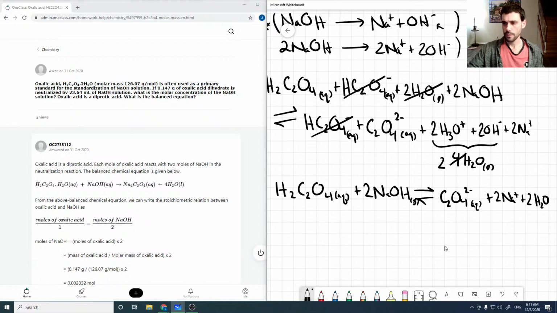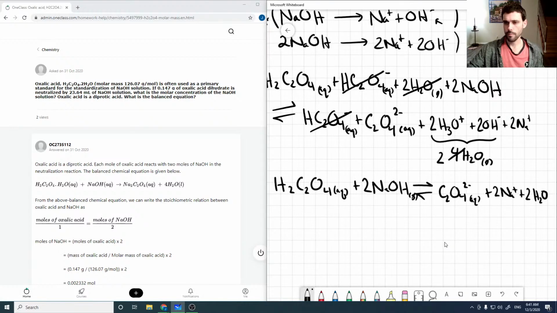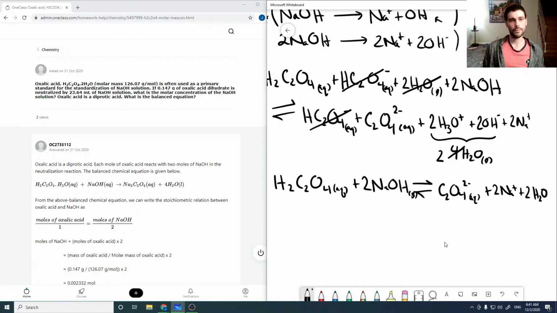Okay, and so now, that would be in solution. I suppose we could use the dihydrate notation as well, and so it would just as similarly be H2C2O4·2H2O.